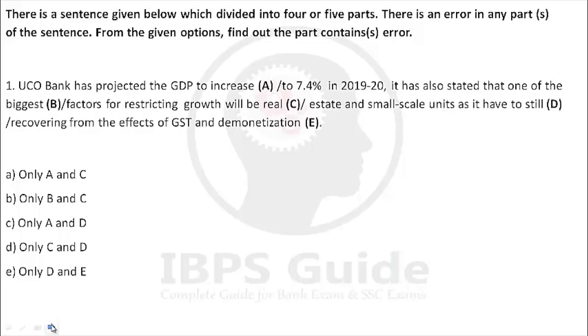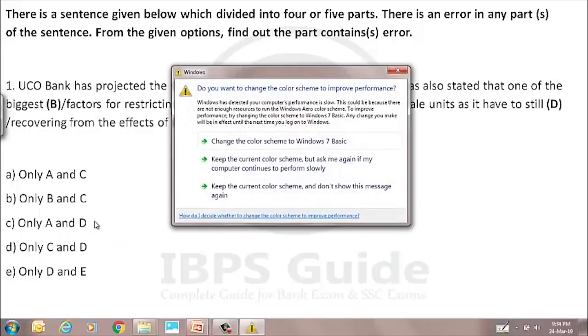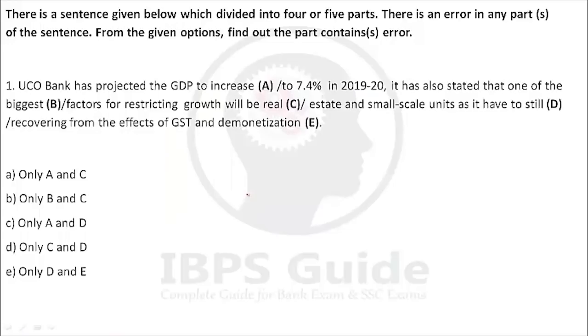Maybe it will be A and C wrong, maybe B and C wrong, maybe A and D wrong, maybe C and D wrong, maybe D and E wrong. Options will be in pairs. I mean to say, only A, only B, only C, only D is not your answer.